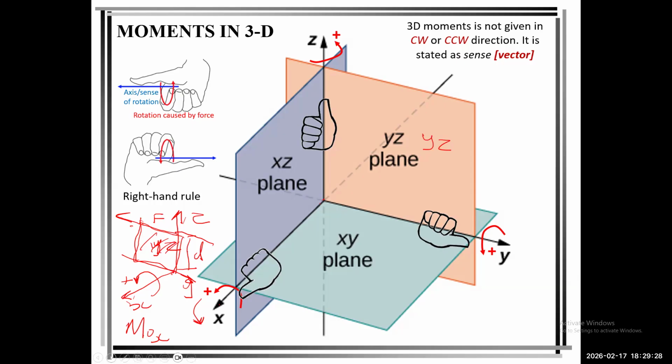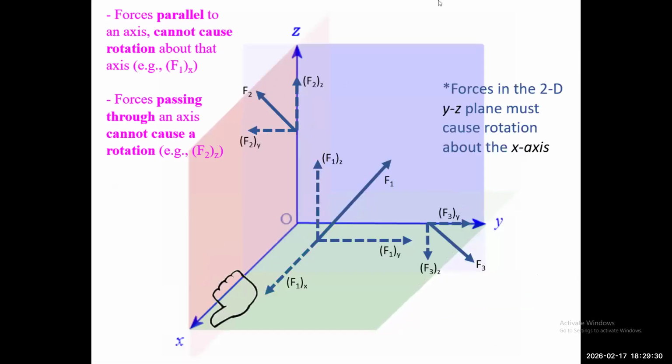Let's continue. And similarly, let's consider: a force parallel to an axis cannot cause rotation about that axis. So if the force is parallel to the axis, for example F1x, it cannot cause rotation in the x direction. Force passing through an axis cannot cause rotation.